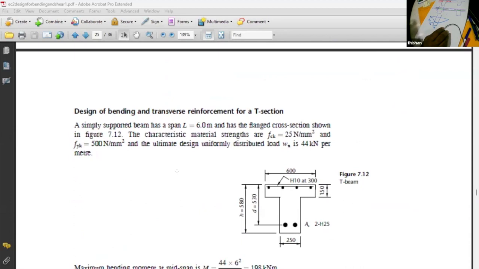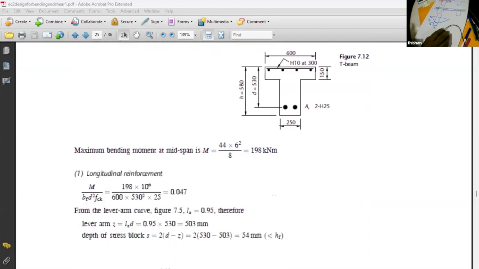And we are supposed to find the shear at this particular face over a quarter of the distance of the beam. It's quarter the span of the beam. So we just look at it.